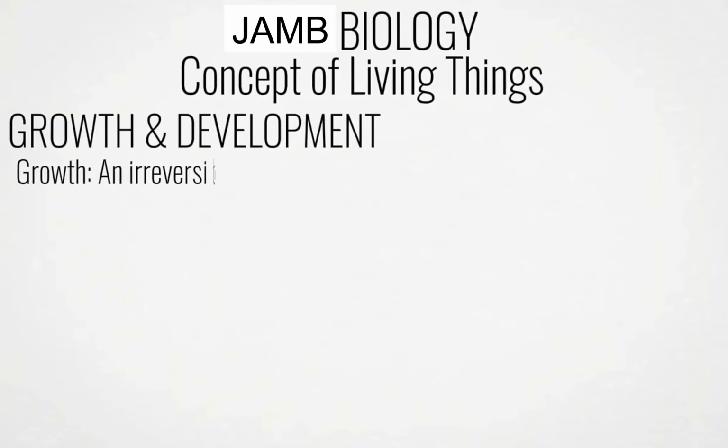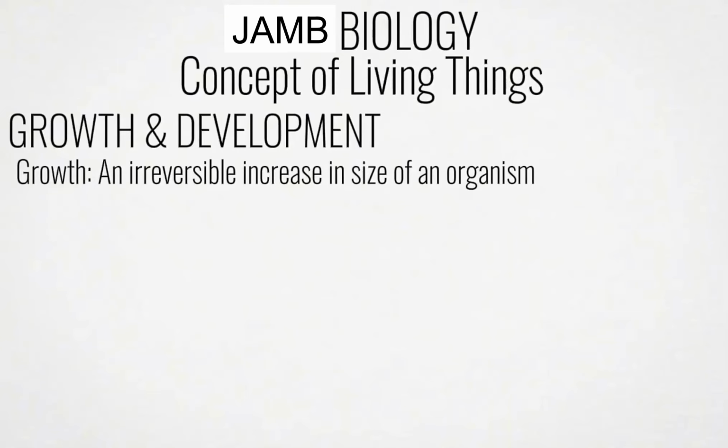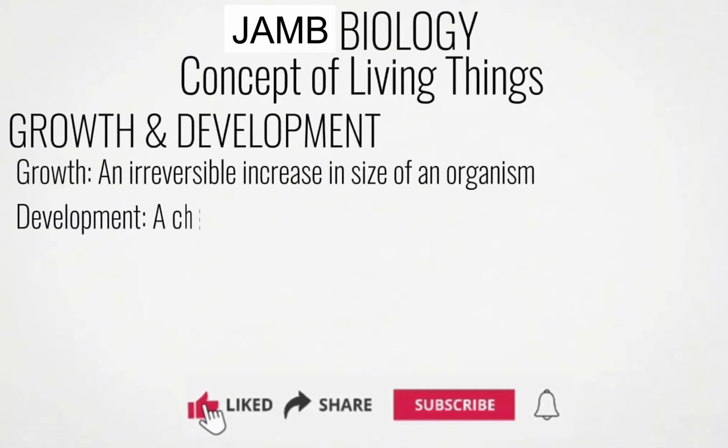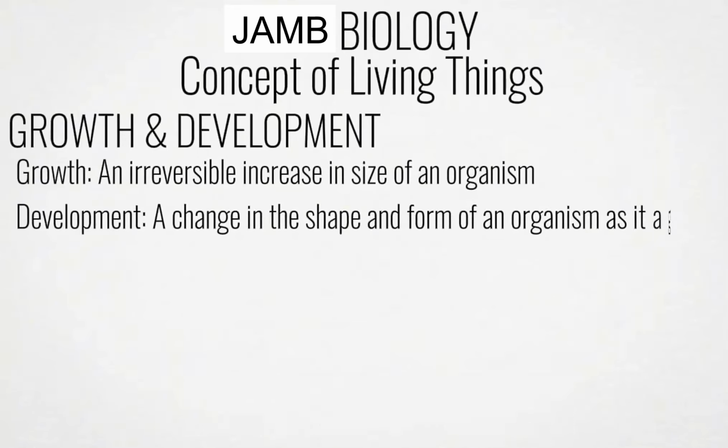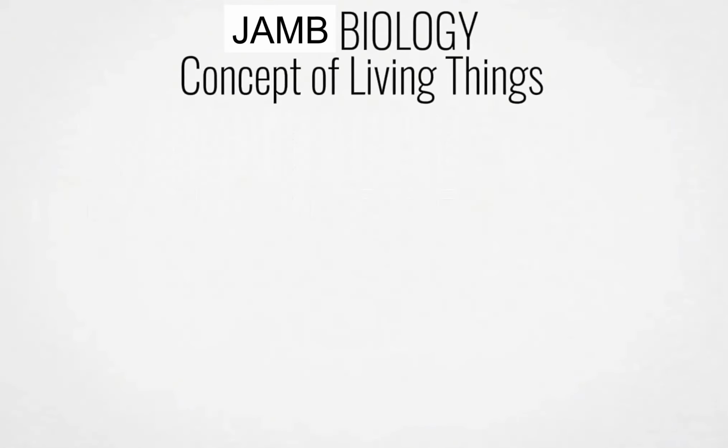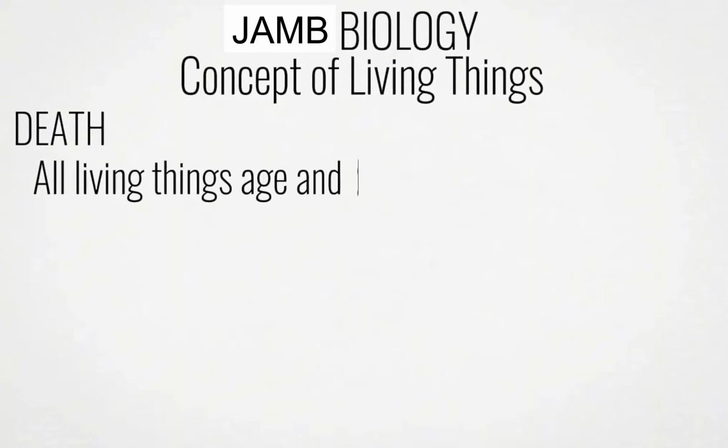Growth is an irreversible increase of an organism in size. Development is the change in shape and form of an organism as it ages. So we have growth and then we have development. These basic characteristics are found in all organisms.